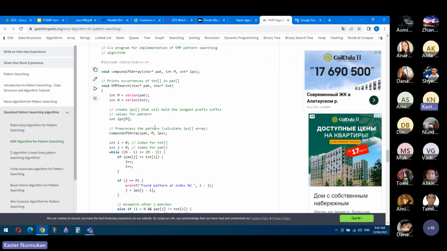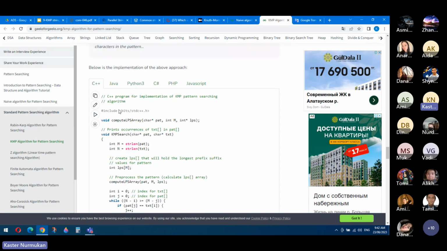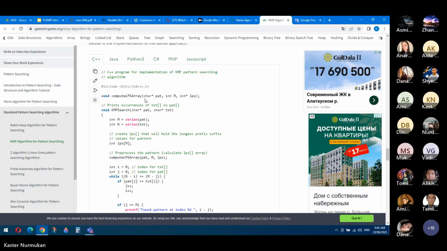After that, I think we also need to explain this code. So how's compute LPS? That's the pattern, the size of M, and the LPS table. How's the KMP search, right?